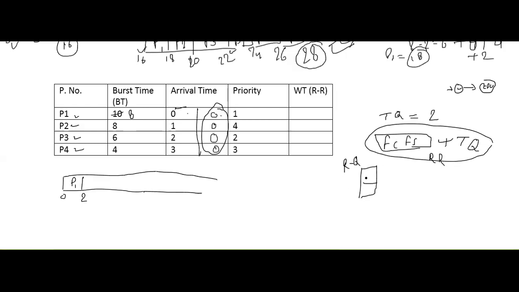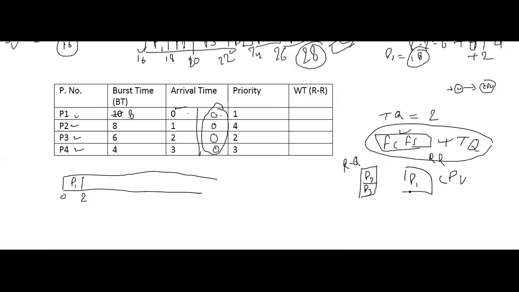Two processes arrived: P2 at 1 and P3 at 2 units of time. The order of arrival is the order in the ready queue, and that is how FCFS works. So the queue is P2, P3, and P1 is in the CPU.